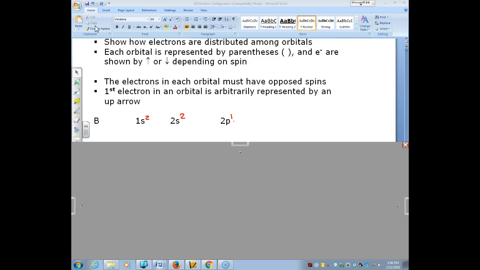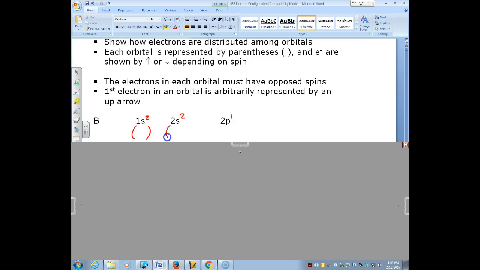Okay, so what we will do is, S sublevel has how many orbital orientations? Remember, S is a sphere shape, and there's only one way to orient a sphere. So there's only one orbital orientation for an S sublevel. So we only draw one set of parentheses. Here we have another S sublevel.